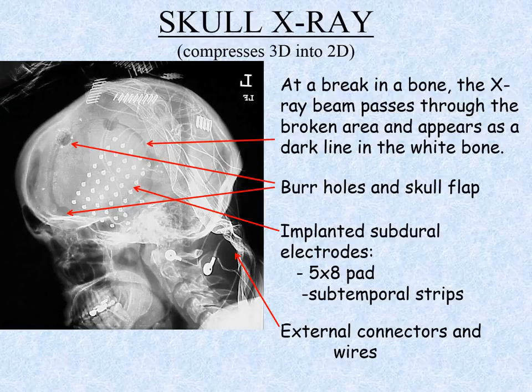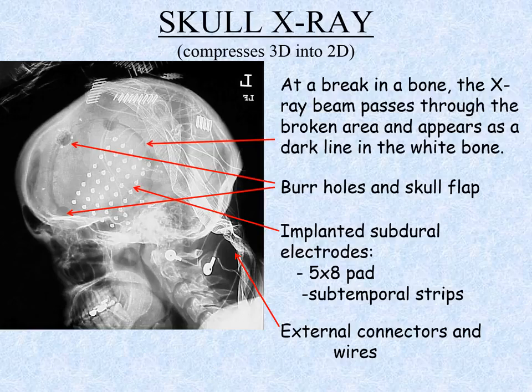In this skull X-ray of an individual who needed to have recordings from the surface of the brain, a portion of the skull, a skull flap, had been removed by drilling small holes, burr holes, through the skull and connecting those with a saw so that this flap of bone could be removed, electrodes put onto the brain, and then the flap of bone restored.